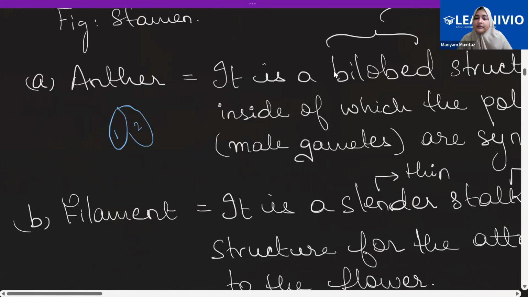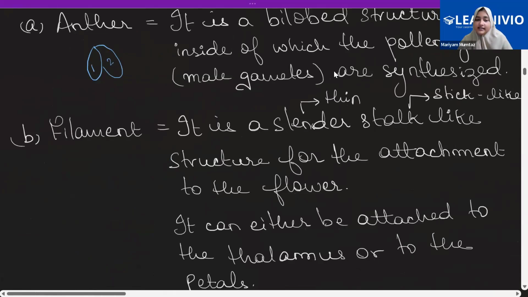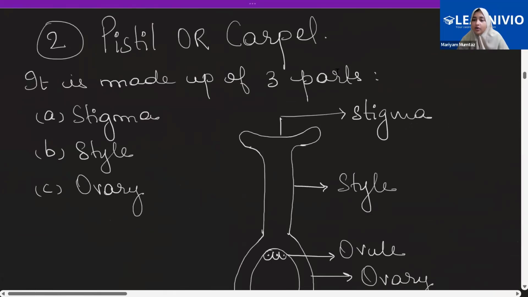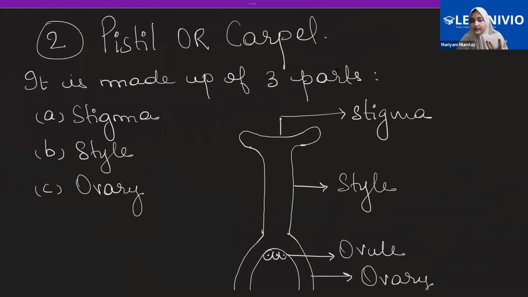So we talked about the male reproductive structure, that is the stamen. Now the next we have to discuss is the pistil or the carpel, which is the female reproductive part or the female reproductive system. Now this is made up of three parts. What are they? Stigma, style, and ovary.